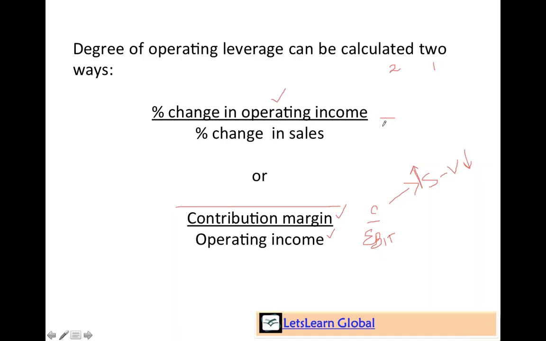If this ratio tells us $1.5, it means that to earn one additional dollar of EBIT, you should make an additional sale of $1.5. If this leverage goes up, your burden goes up to make more revenues to get operating income.